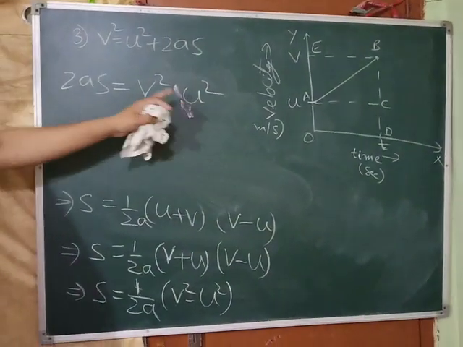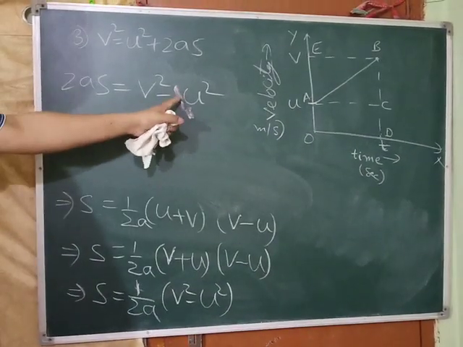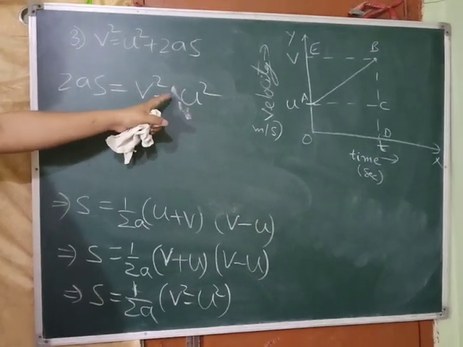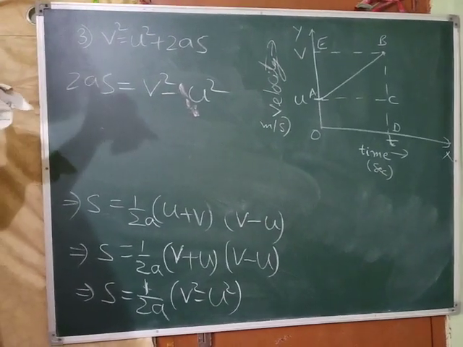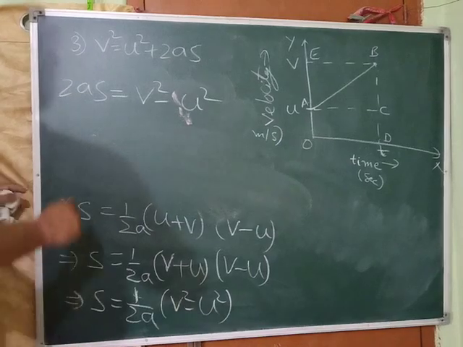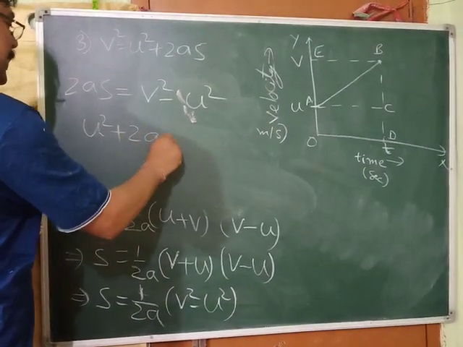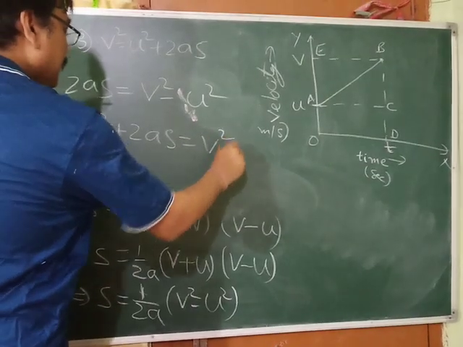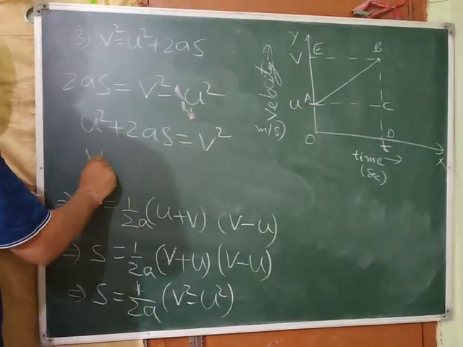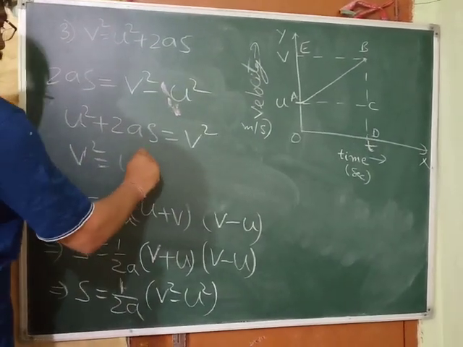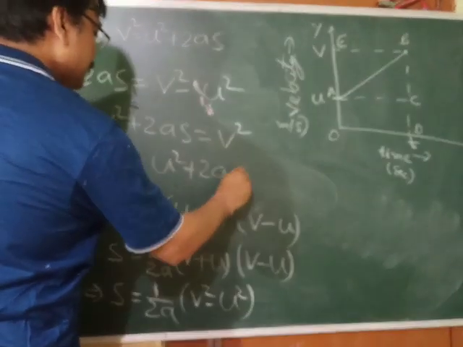Now can we take this U square this side? It is minus here. When we bring this U square this side, it will become plus. So we can write U square plus 2AS is equal to V square, or you can write V square is equal to U square plus 2AS.